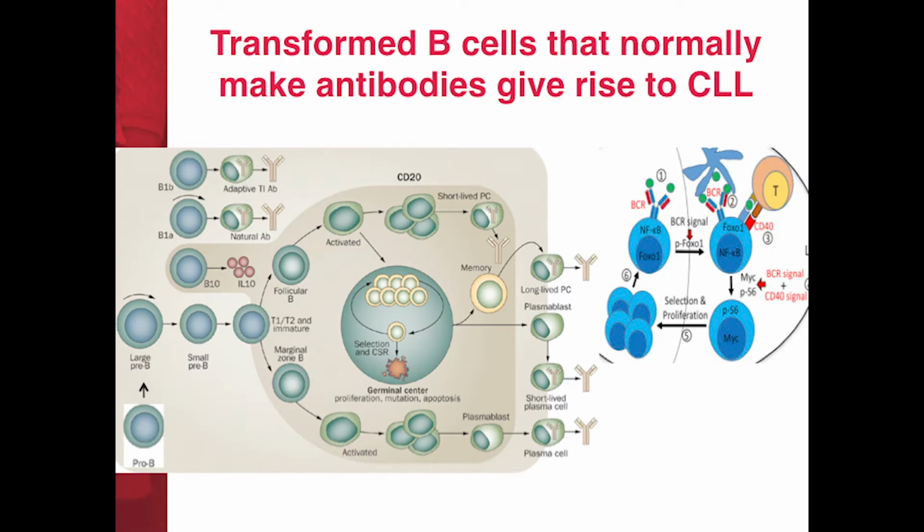nodes and spleen, if it sees a foreign antigen, and it sees the right foreign antigen that it's able to recognize, and the antigen is the name of these molecules on the microorganisms.